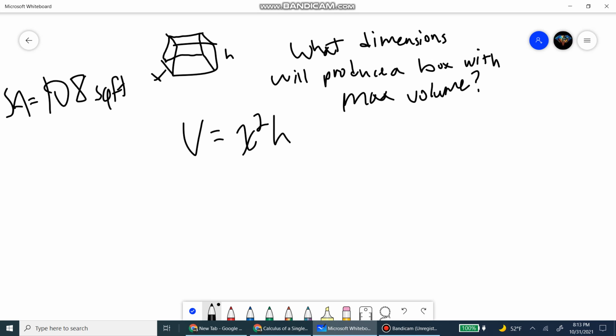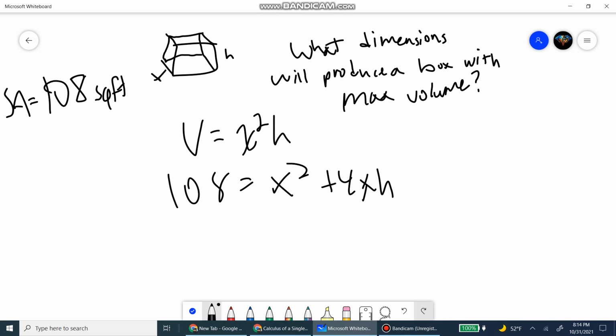You don't want to waste more than 108 square feet making the surface area for it, right? What dimensions, given that the surface area has to be 108 square feet, will produce a box with maximum volume? Now that's a question that deals with optimization. We have the volume here. We have the surface area here. The surface area is equal to 108. We have another equation: 108 equals x squared plus 4xh.